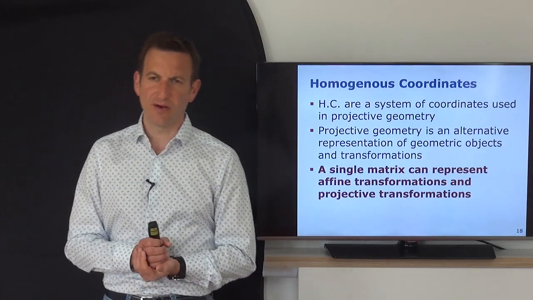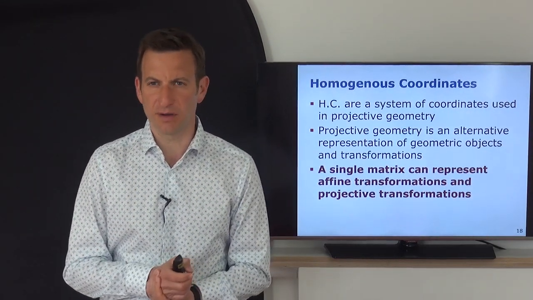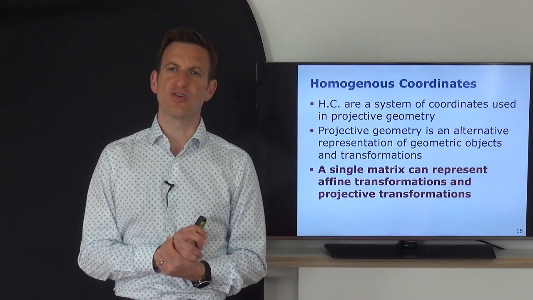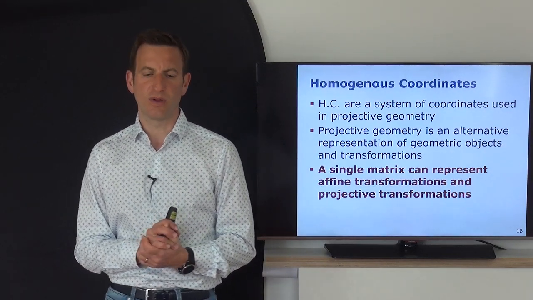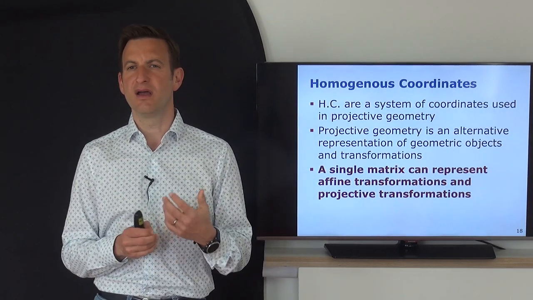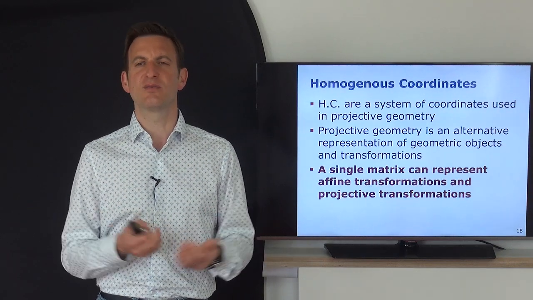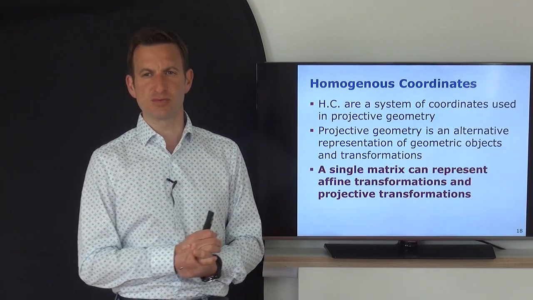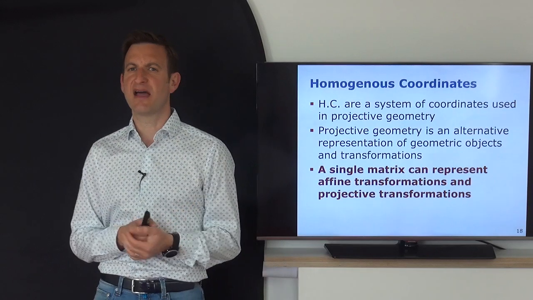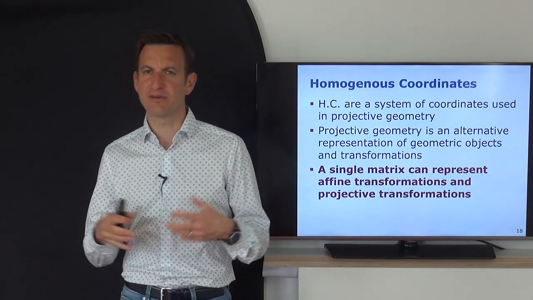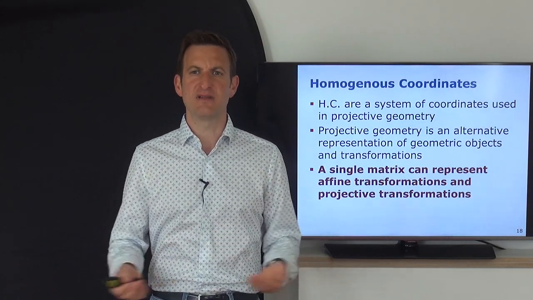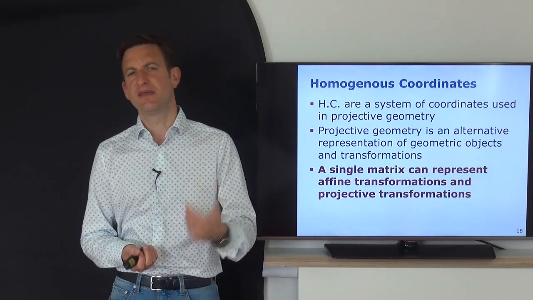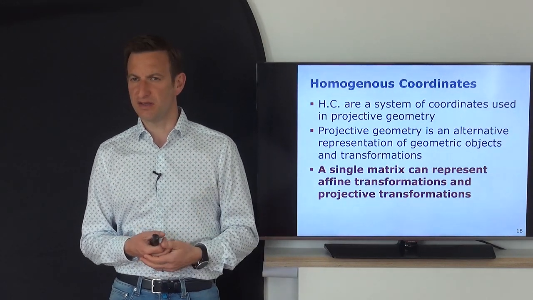So just as a very short reminder, in case you have forgotten about homogeneous coordinates, just a few words on what that is. Homogeneous coordinates are a different coordinate system, typically used in projective geometry. It has some nice advantages, for example being able to express points which are infinitely far away. But that's not the reason why we are using it here in the lecture.